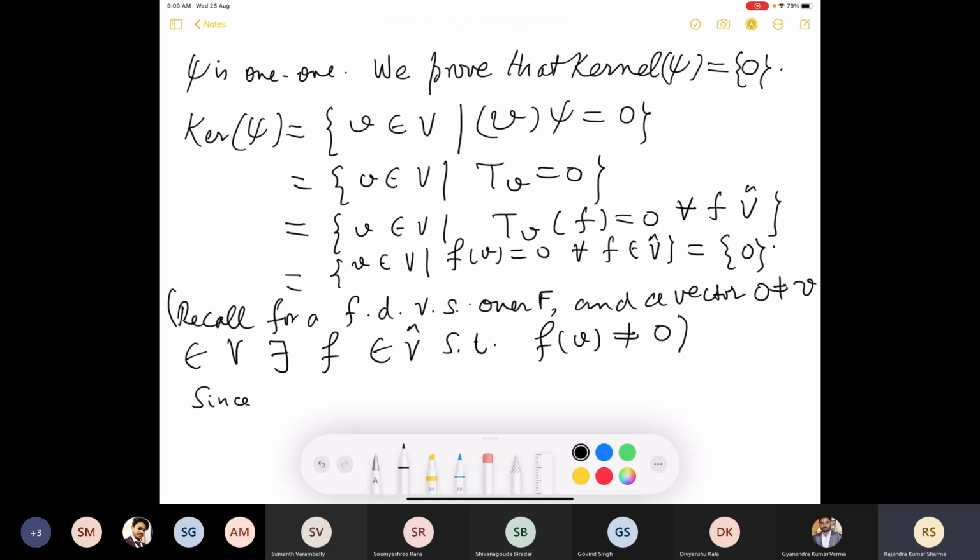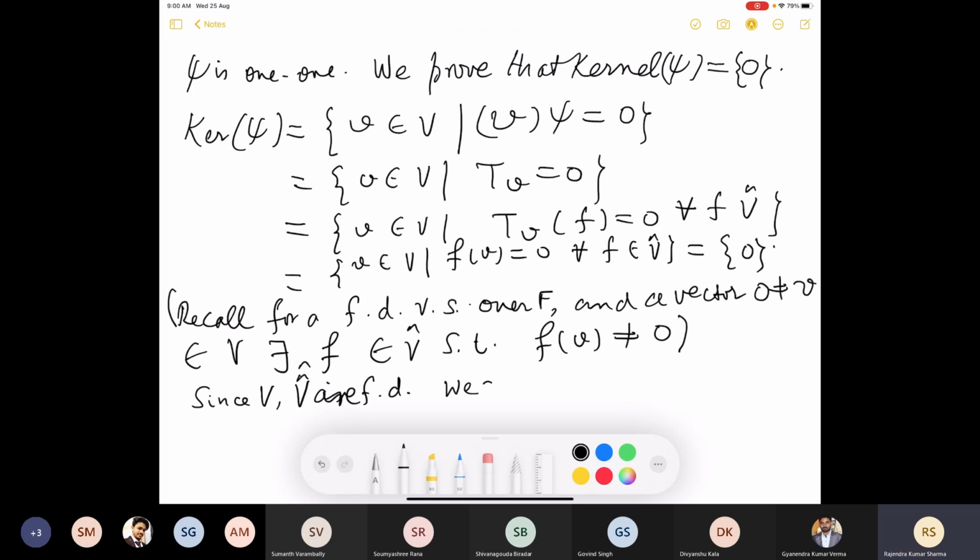And since V is finite dimensional, V hat and V double hat are also finite dimensional. So being 1 to 1 implies onto. In fact, only one is necessary out of 1 to 1 and onto.